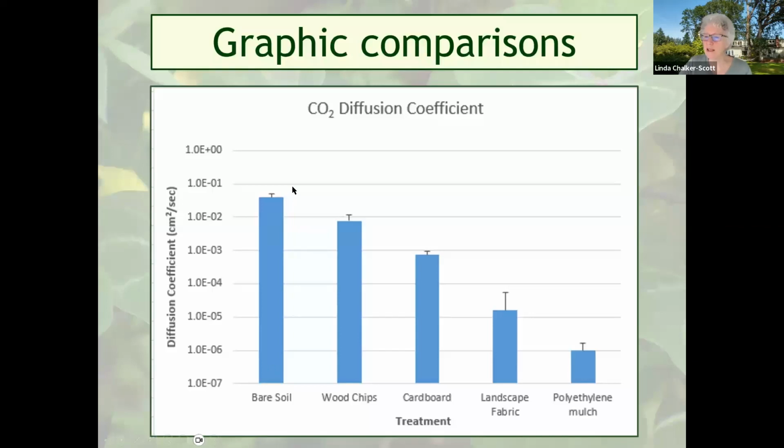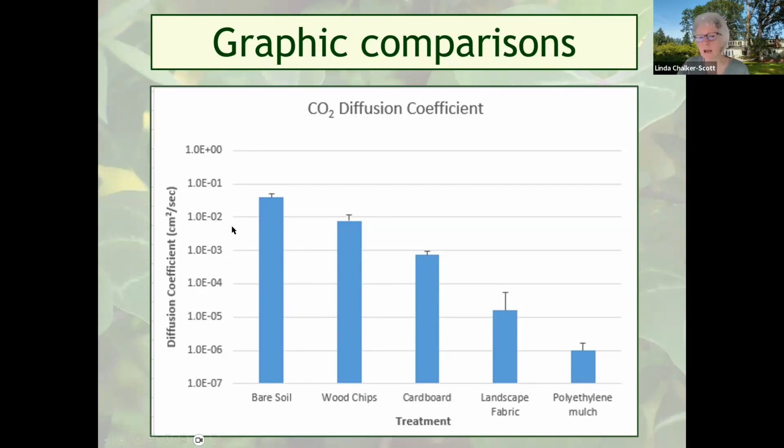So what we can see is that bare soil, as I mentioned, not a great thing in nature, but for experimentation, it's good. Our control has no mulch, so of course it has the least interference. Wood chips is the next in terms of being a good choice. But I want you to see from this chart on the y-axis, each one of those tick marks is a factor of 10.